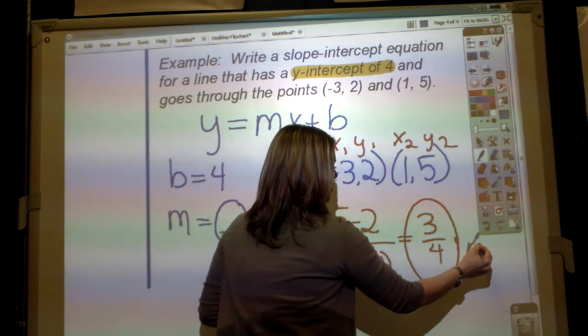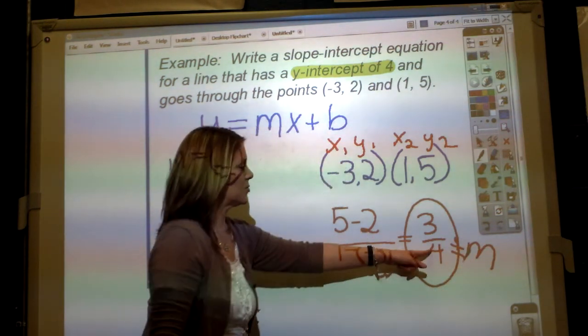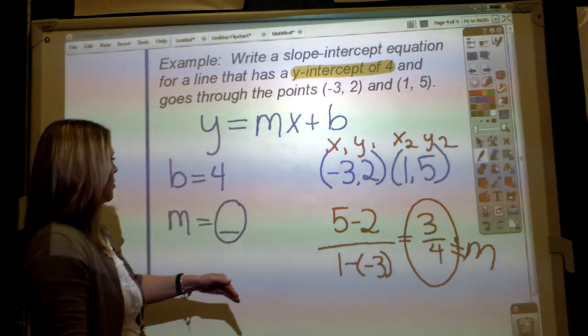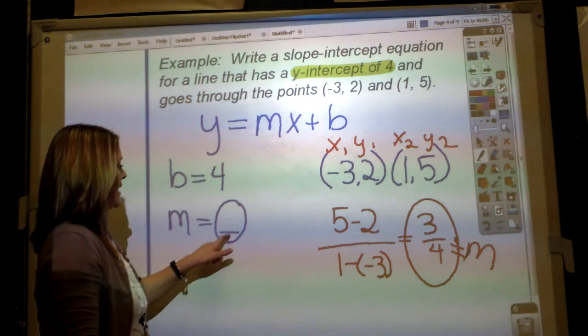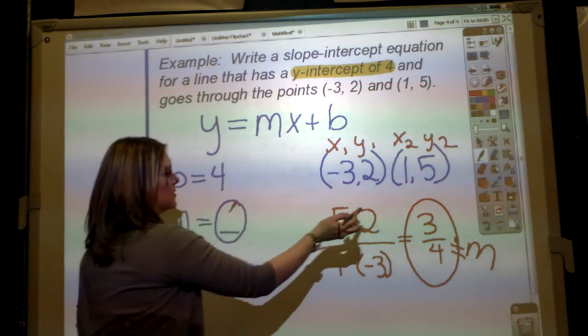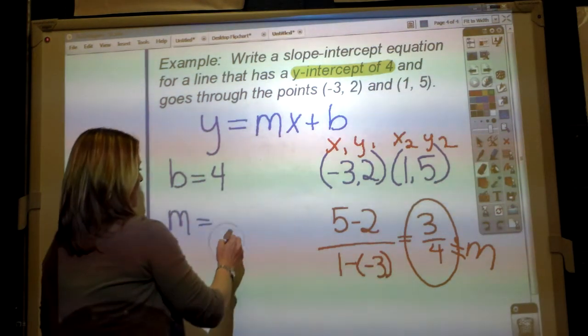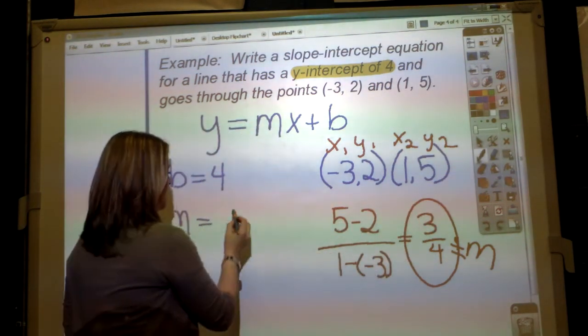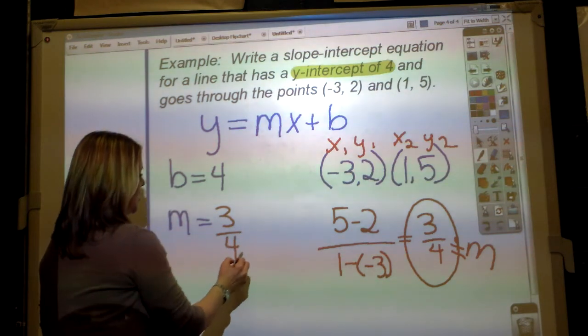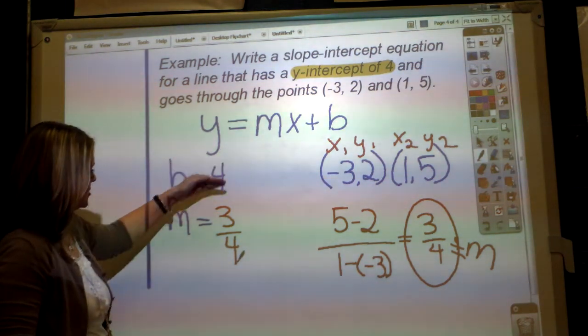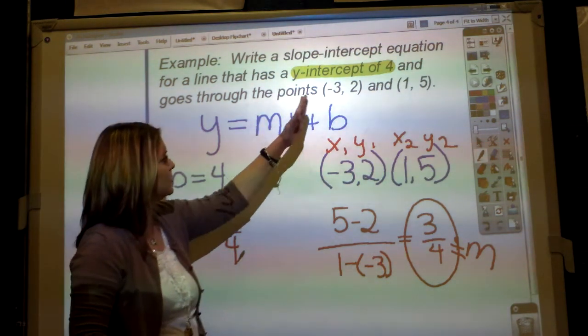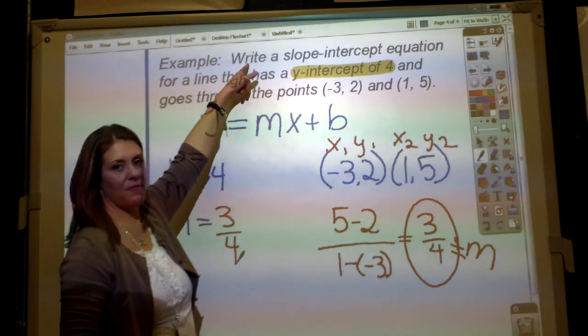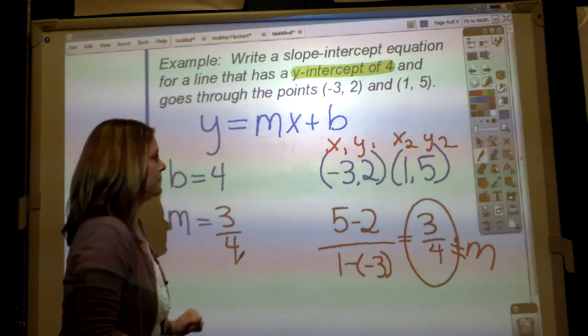Our slope is 3/4. So now we know what the y-intercept is, and we know that the slope is 3/4. Now I can take these two numbers, plug them into my equation, and I'll have my equation for this situation.